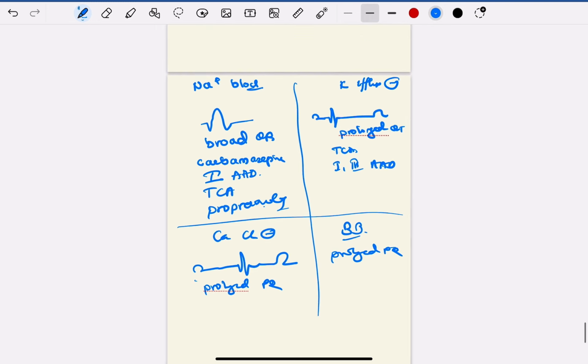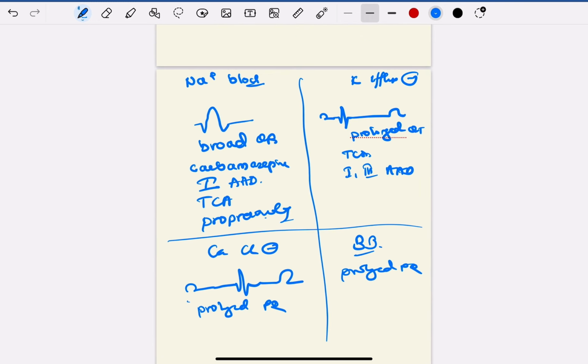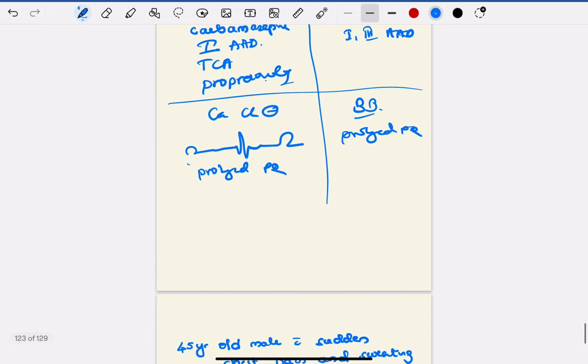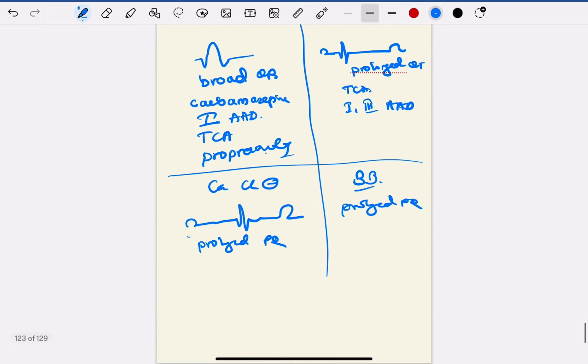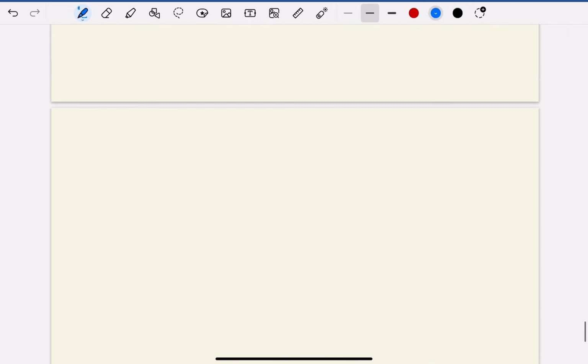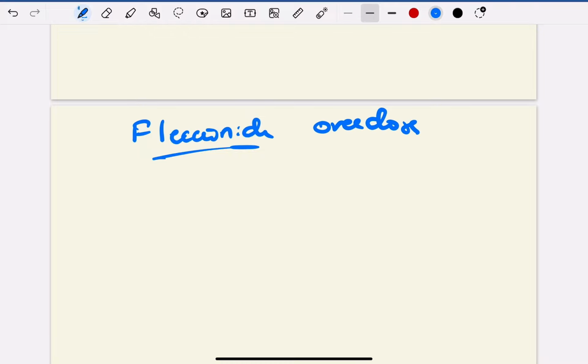This is high yielding, and you have to remember it, there is no other point. Okay, next, let me throw a few points on flecainide overdose.